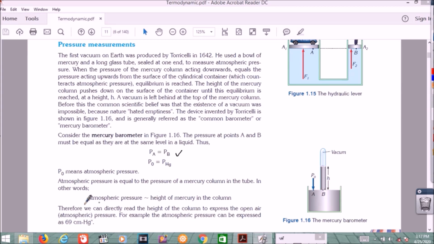Torricelli said that the atmospheric pressure is approximately equal to the height of mercury in the column.